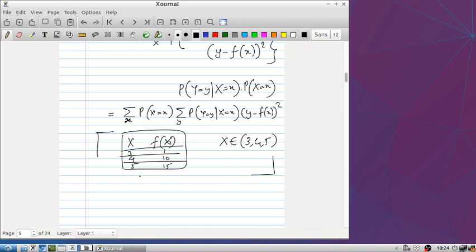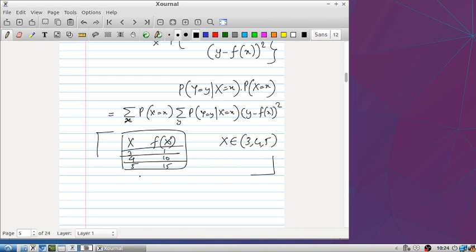One interesting thing to note is that if I choose f of x for x value 3 to be some number, that has no bearing on any other x value. What do I mean by that?